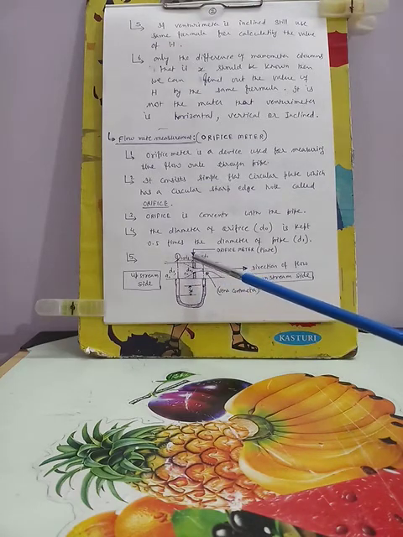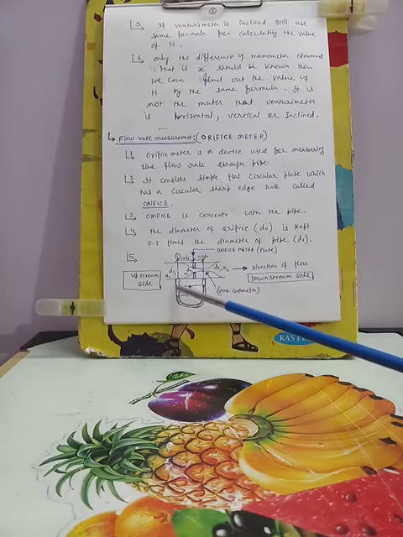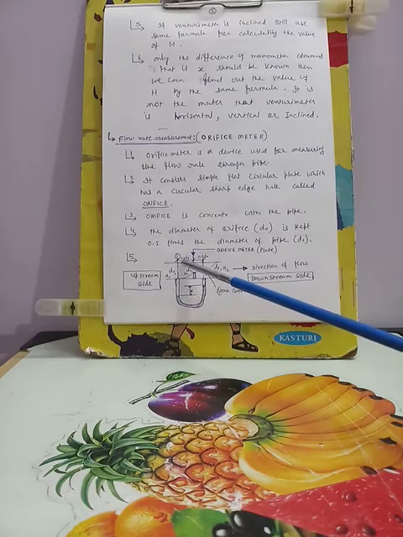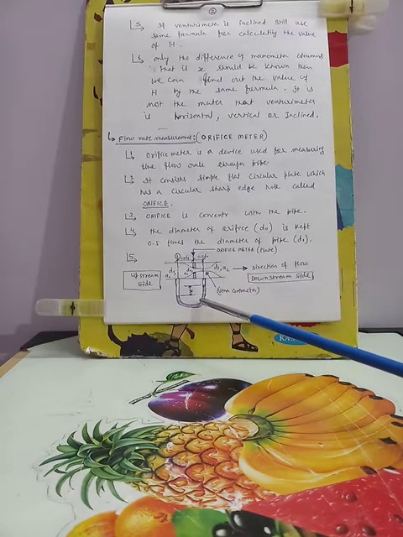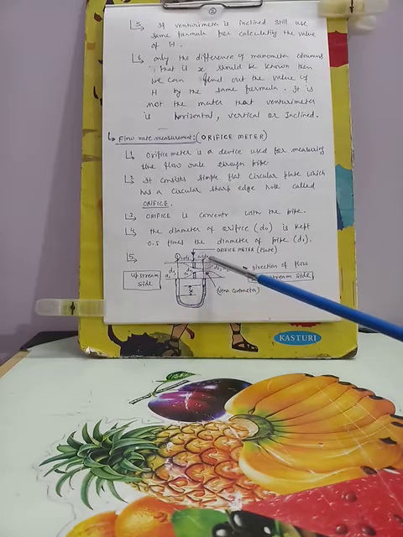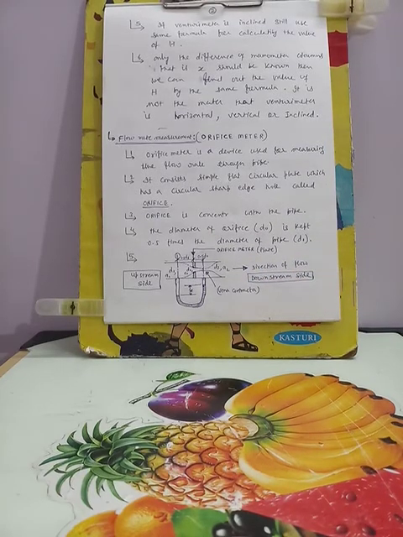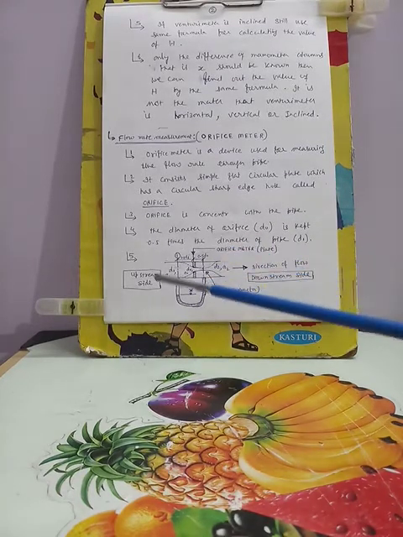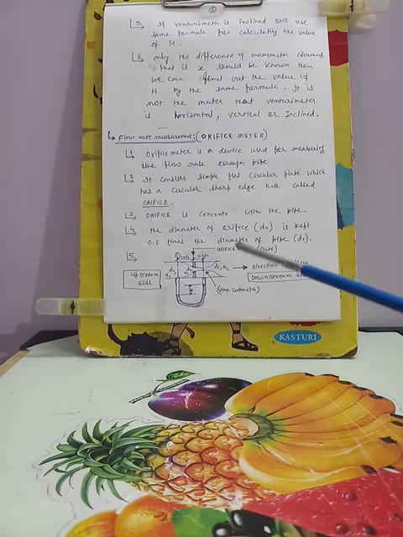So one distance should be 1.5 times D1, and this distance should be 0.5 times the diameter of the orifice. This is a very important consideration, because if we do not maintain this, there are chances of wrong flow measurement.